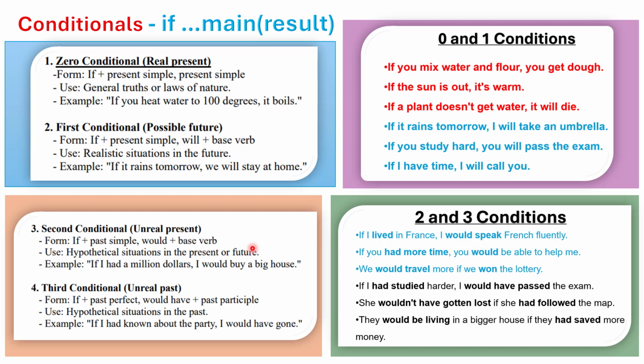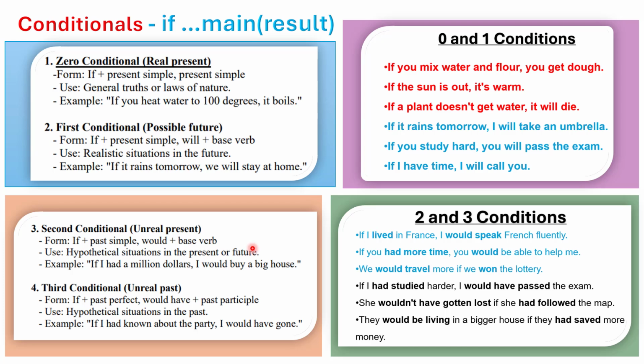What about the first conditional? The first conditional is called possible future. The form here also has two parts. In the first part we have if plus present simple, and in the second part will plus base verb, like a future simple. We use this with realistic situations in the future, situations that are real and possible. For that we say possible future.